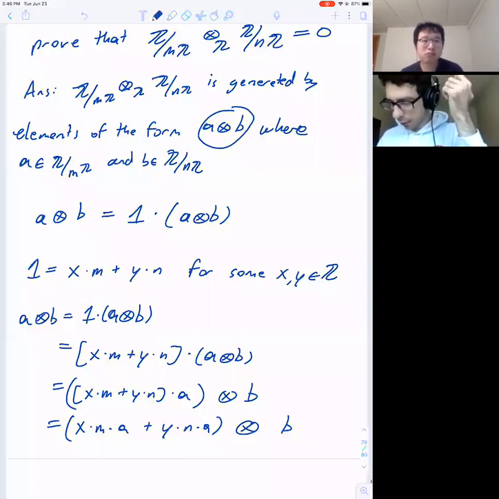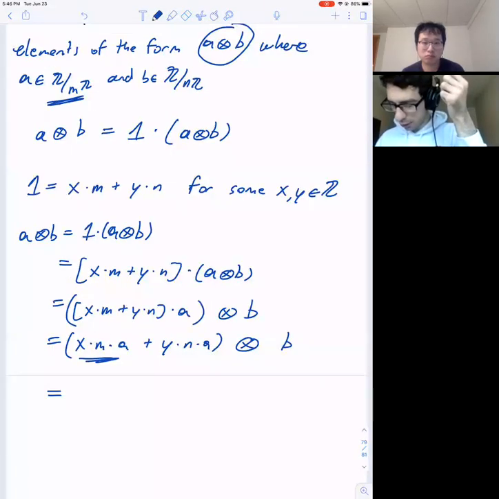And so if you multiply something by M, it becomes 0. So this is actually just equal to Y times N times A tensor B.